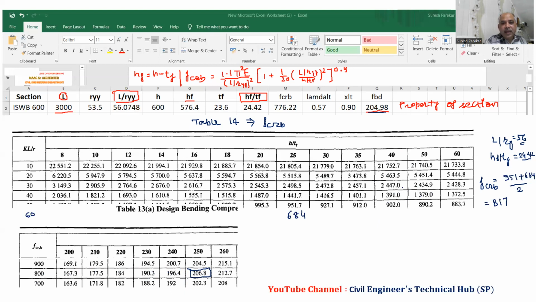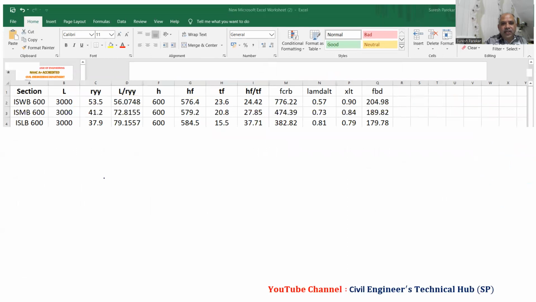That is one option. The second option I have considered over here: you can see ISWB, MB and LB. If 3000, then you have the values 204, 189, 179. So you can take a value of 180 for FBD for approximately 3000 millimeters. So for 3000, assume FBD 180.